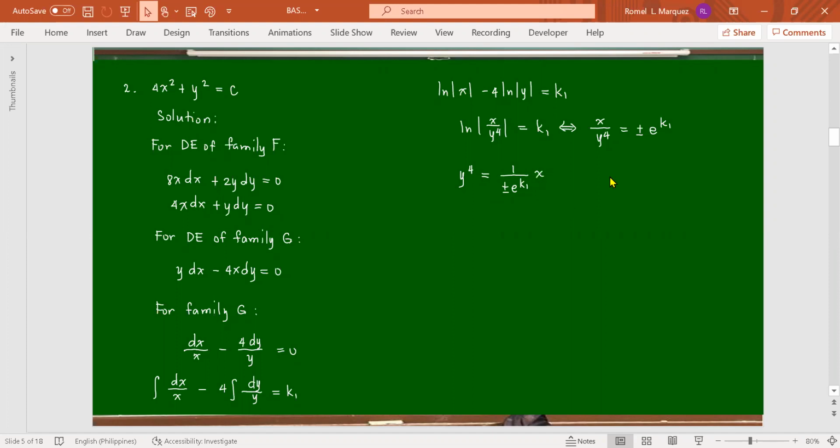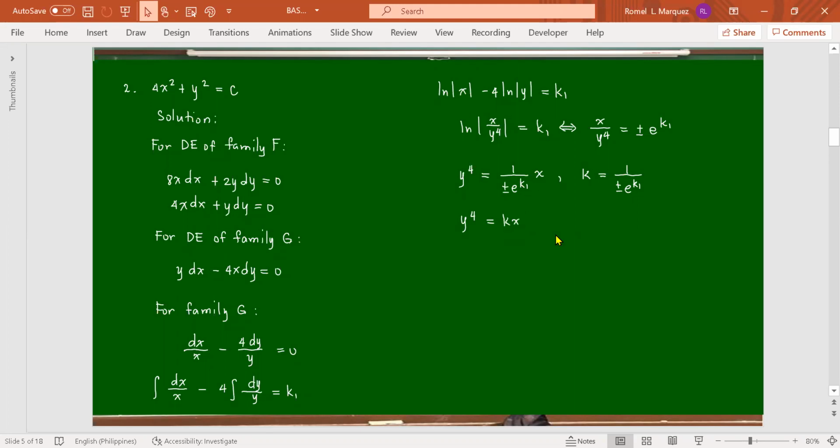For simplicity, because this coefficient is simply a constant, let it be k. So we have k equals 1 over plus or minus e to the k1. Hence we have y to the 4th is equal to kx.